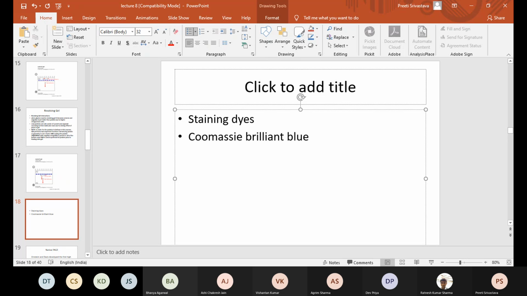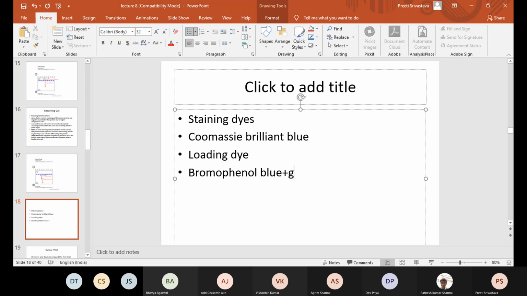Coomassie Brilliant Blue is the staining dye which is usually used, and then you can put it in a destaining solution, and then you will see the bands of the protein. The loading dye in this case, people again use bromophenol blue as the loading dye, because again the purpose is just to impart the color so that you can see the front.